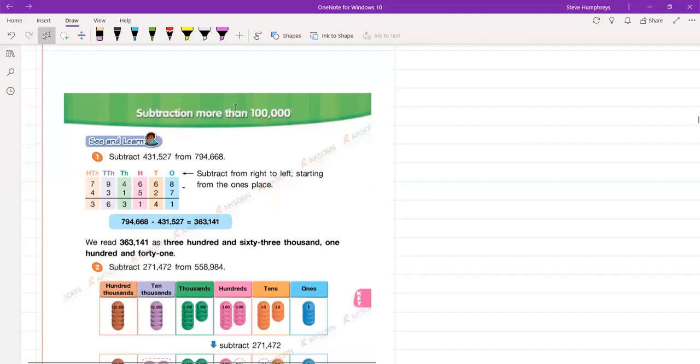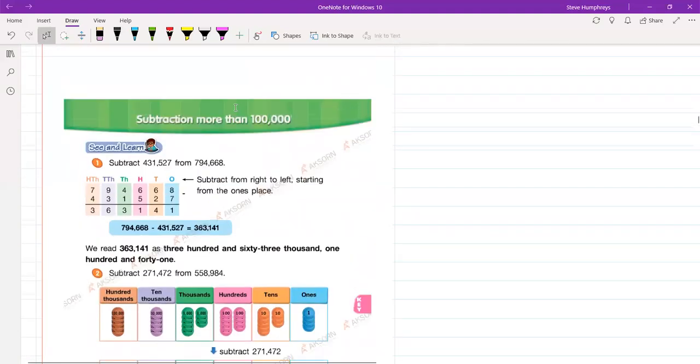Now we're going to look at bigger numbers. Page 61. Subtraction more than 100,000. So we're looking at 6-digit numbers. Okay, we can practice.